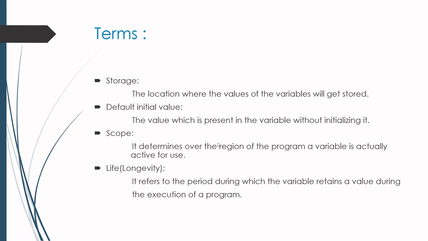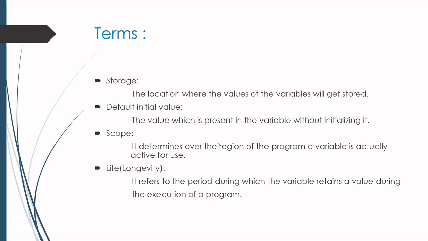So we can say the scope of the local variable A is within that main function only. That is called a scope. Scope is nothing but defining the region of the program for which the variable's value is active for use. Okay, that is called the scope of the variable.